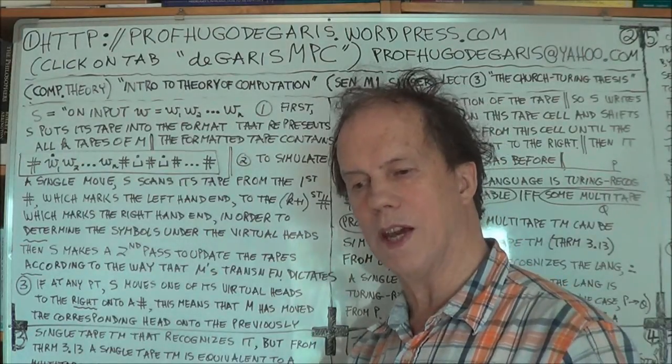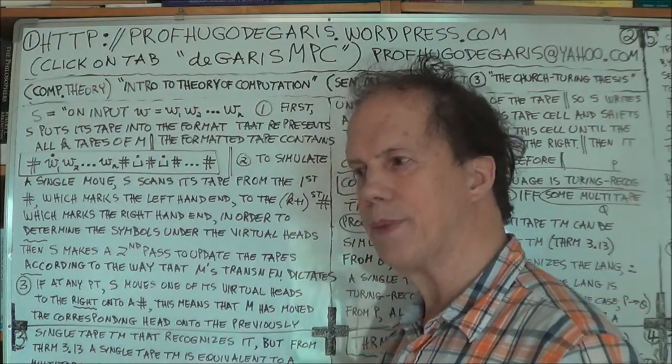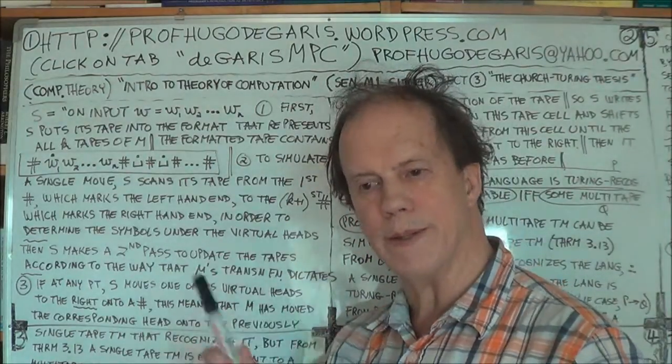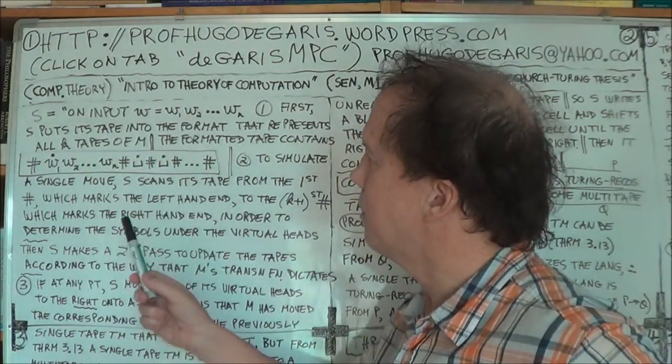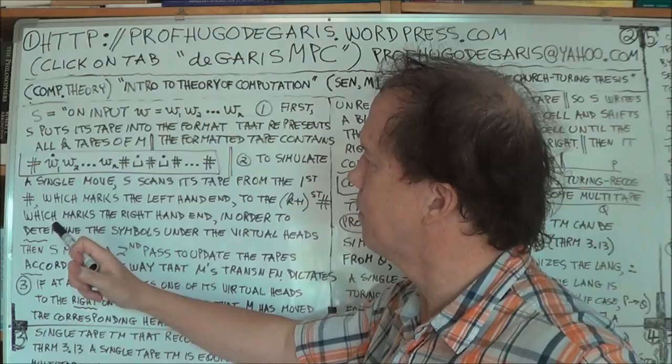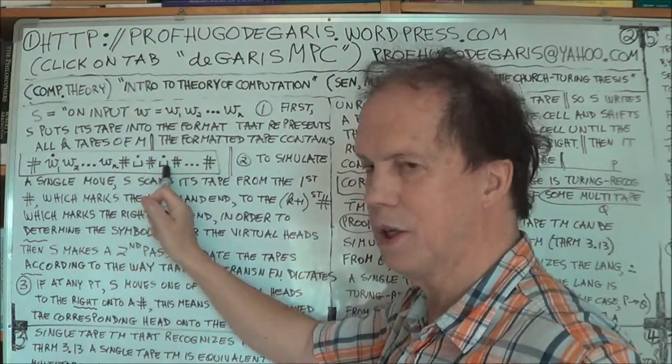It'll give you K symbols that will be written by each head. So call them Bs. So you have B1, B2, dot dot dot, BK. Okay. So B1 would be written here, B2 would be written here, B3 would be written here, and so on.